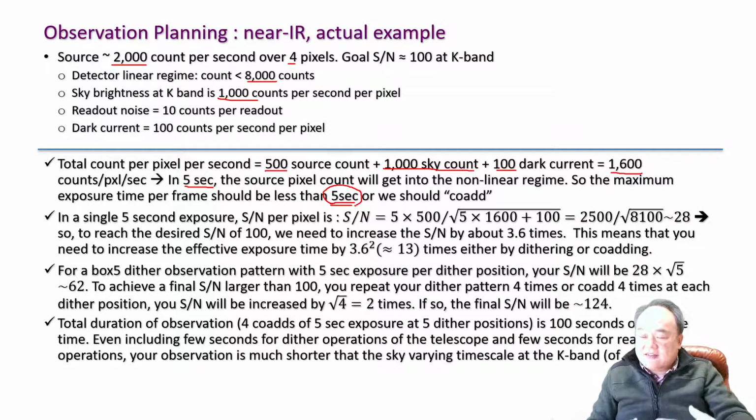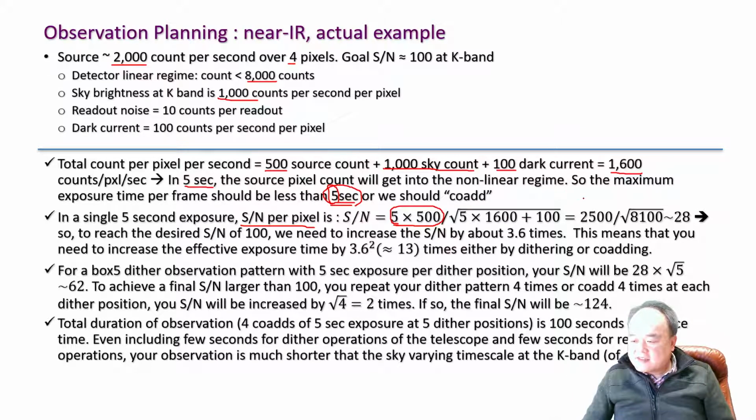So let's calculate the signal to noise ratio from this 5 second frame time, a single coadd of the observation. The signal to noise ratio per pixel: over the 5 seconds, the source produces 2,500 counts per pixel, that's the accumulated source.